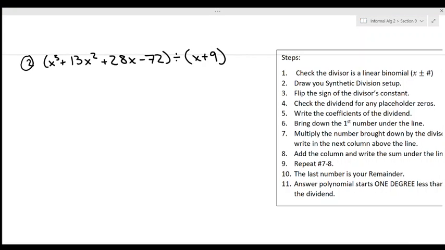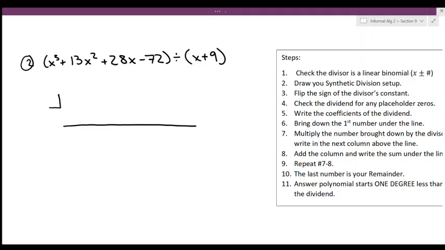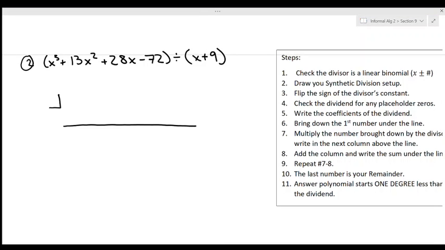So we can draw our synthetic division setup. Half box and your line. Now, our divisor in this case is x plus 9. So we have to flip the sign of the constant. So if this is a positive 9, when we flip it, we use a -9 when we synthetically divide.